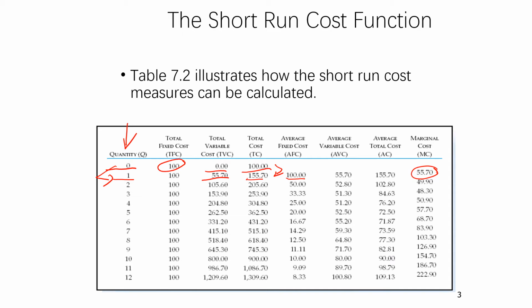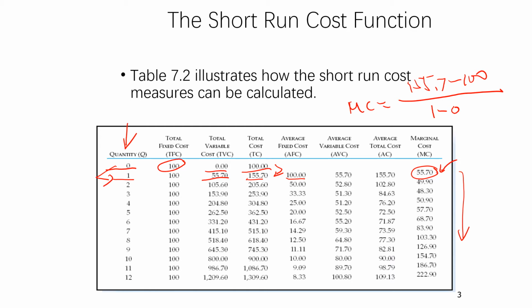So marginal cost of this unit is the change of cost over the change of quantity, so 155.7 minus 100 divided by 1 minus 0, so it's 55.7. Okay, so on and so forth. We can work out the whole table.